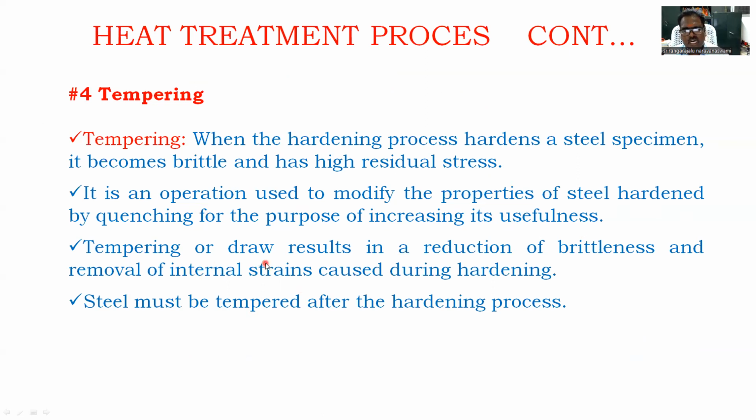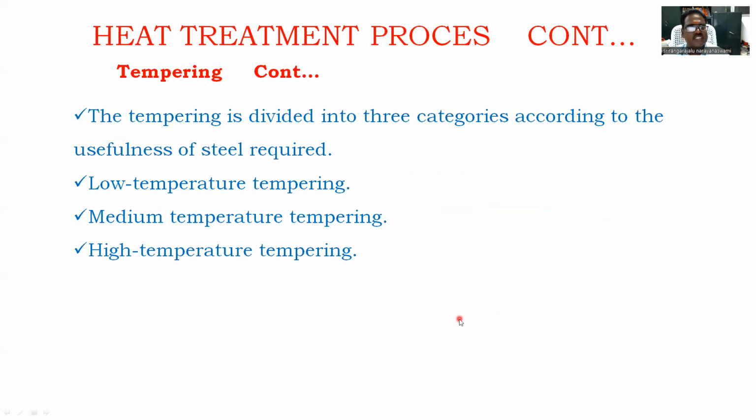Tempering, or draw, results in a reduction of brittleness and removal of internal strains caused during hardening. After the hardening, we make a tempering. Then you can remove the internal stresses caused during hardening. Steel must be tempered after the hardening process.